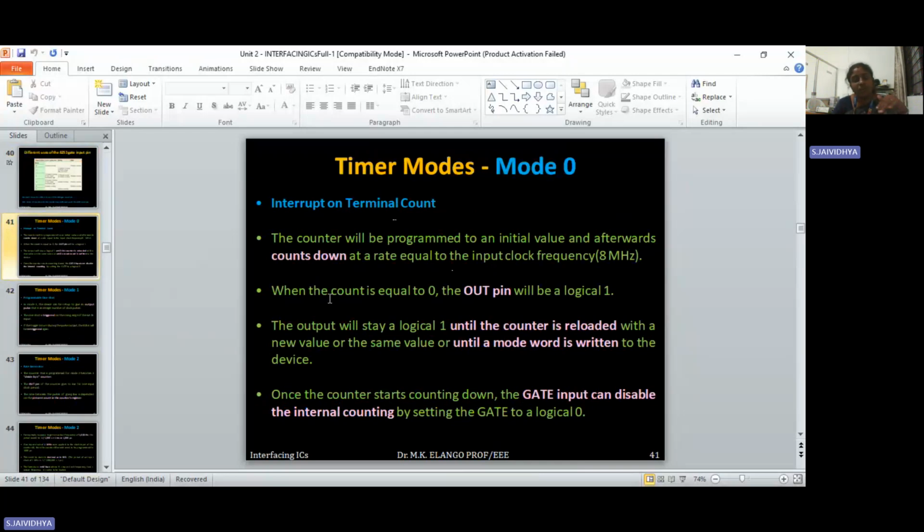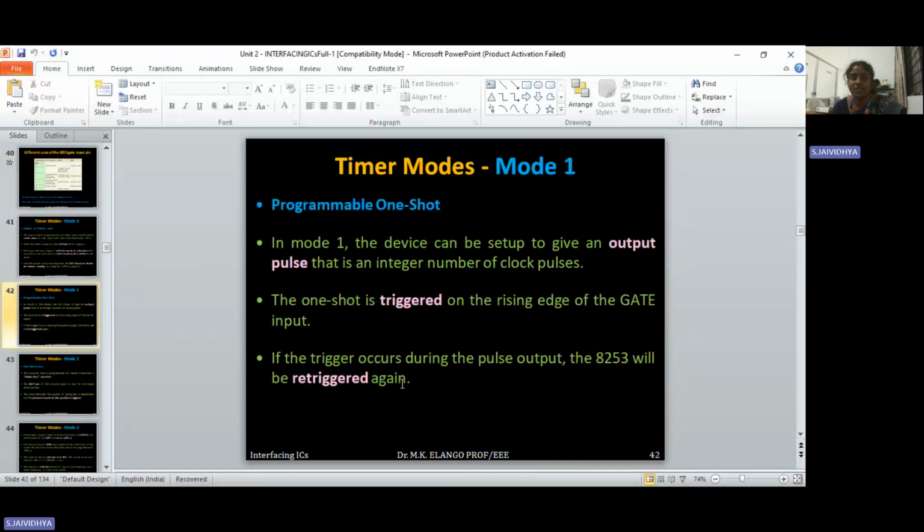When the count equals 0, the output pin goes to logical 1. The output stays at logical 1 until the counter is reloaded with a new or the same value, or until a mode word is written to the device. Once counting starts, the gate pin can also disable the internal counting by setting the gate to logical 0.